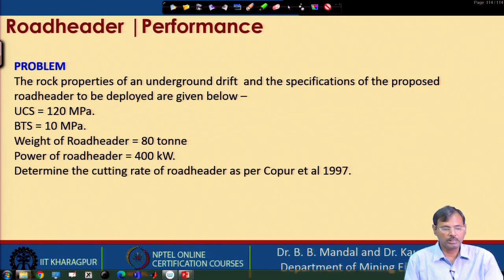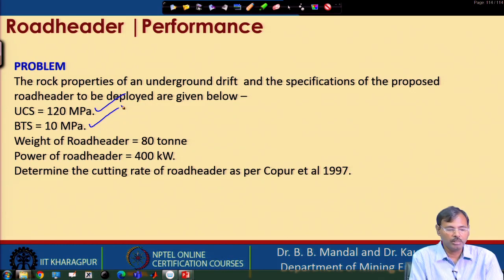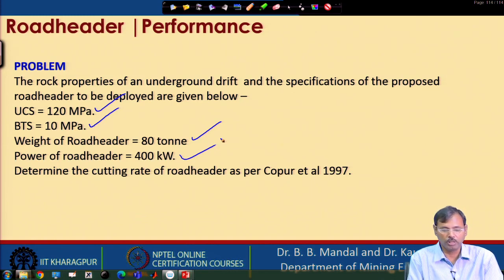Suppose a road header is deployed for an underground drift with a rock compressive strength of 120 MPa and Brazilian tensile strength of 10 MPa. Weight of the road header is 80 ton and the power of the road header is 400 kilowatt.